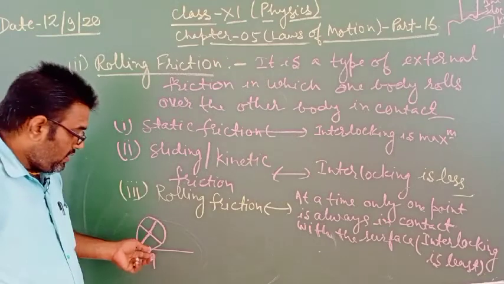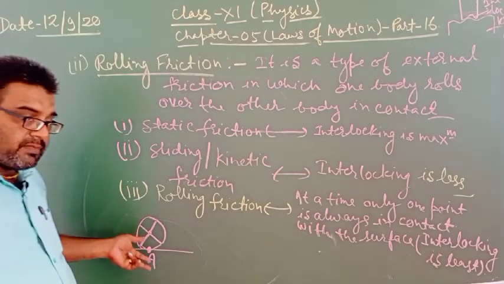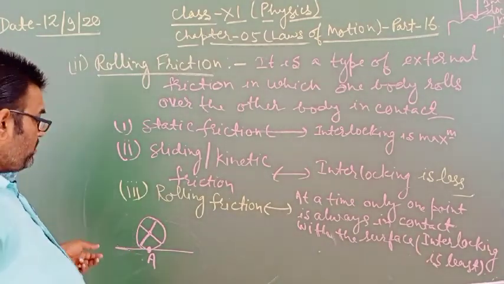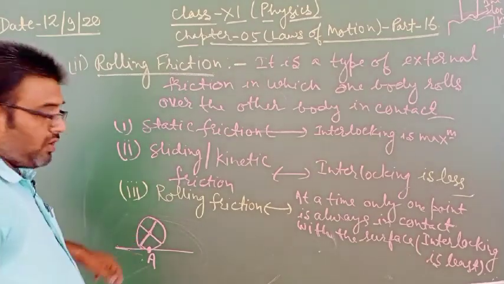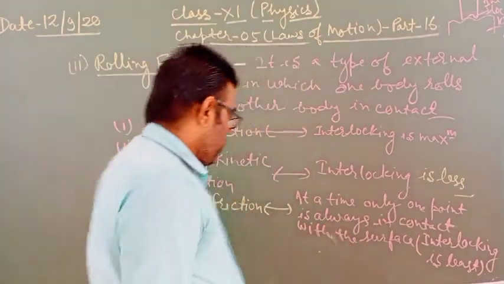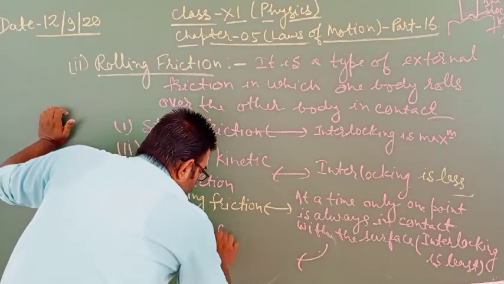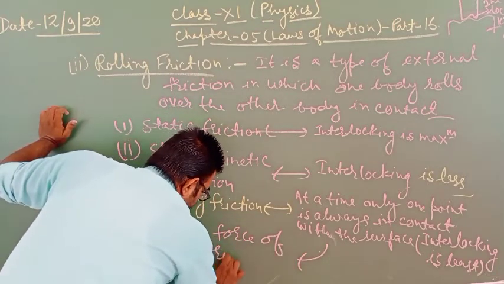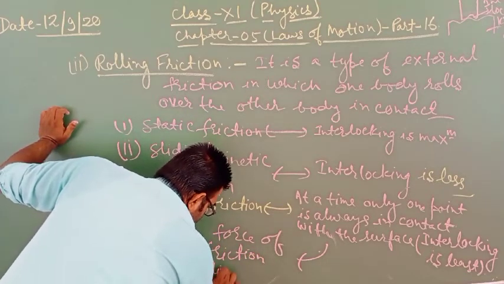So here the interlocking is least, or minimum. So since the interlocking is least, the force of friction also decreases.